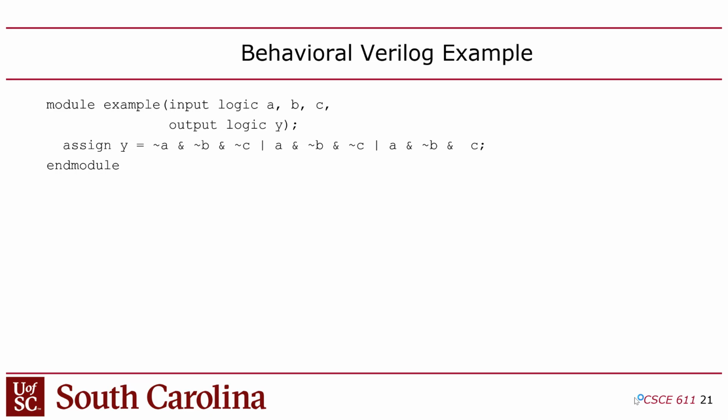And the reason is because they inherit the type, the last type given. So if you say input logic A, and then you say comma B, it's assumed that B is also an input and also of type logic, right? So you only have to specify the type whenever you're changing the type in the list, right? Now, depending on your coding style, you may not like that.